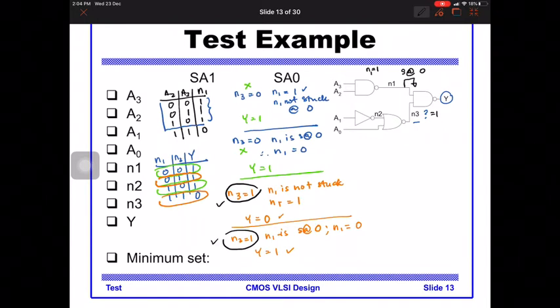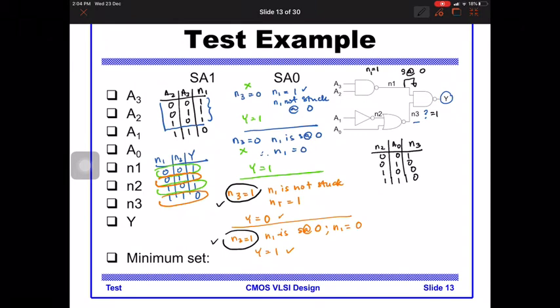Okay, so how do we set N3 equals to 1? So now we have to look at this gate, right? So this is a NOR gate. So you have N2, A0, and N3. So 0, 0, 1, 0, 1, 0, 1, 0, 0, 1, 1, 0.